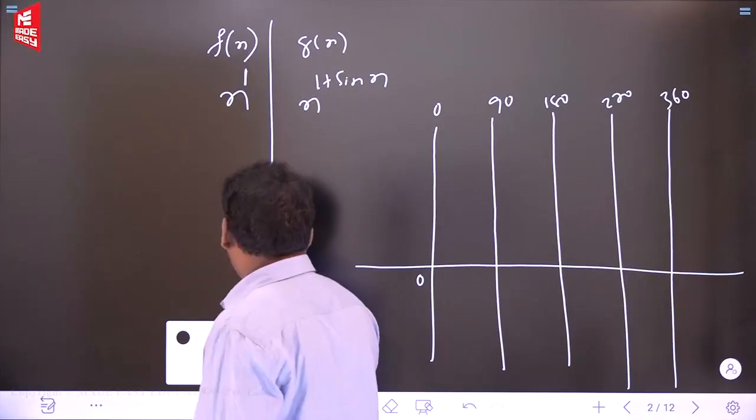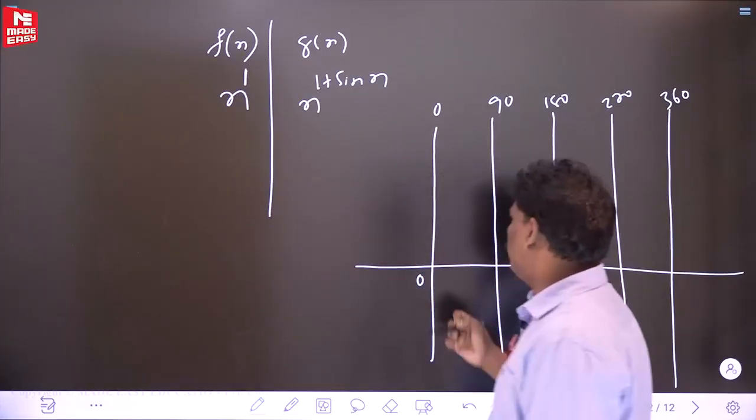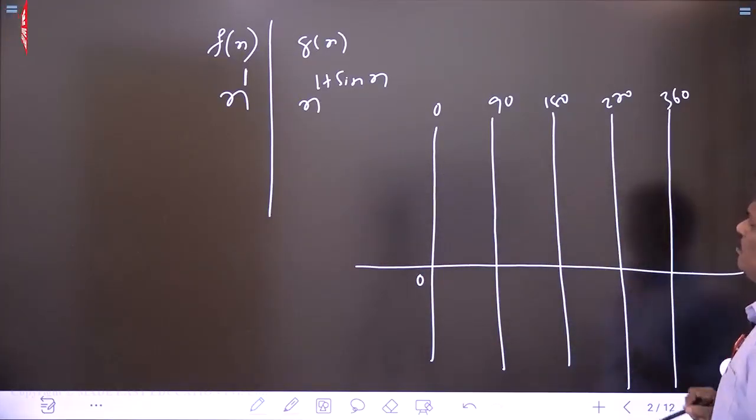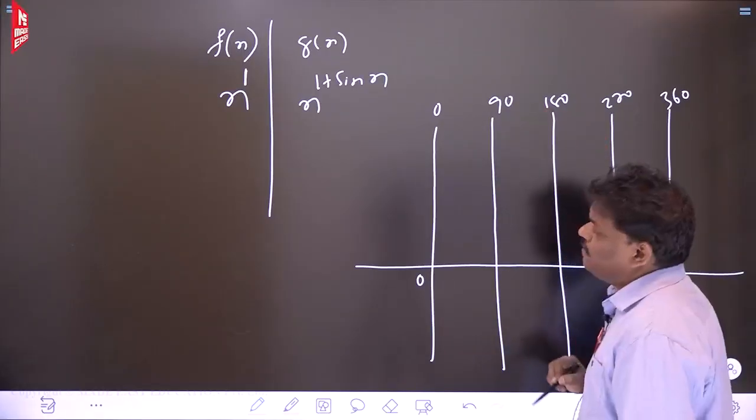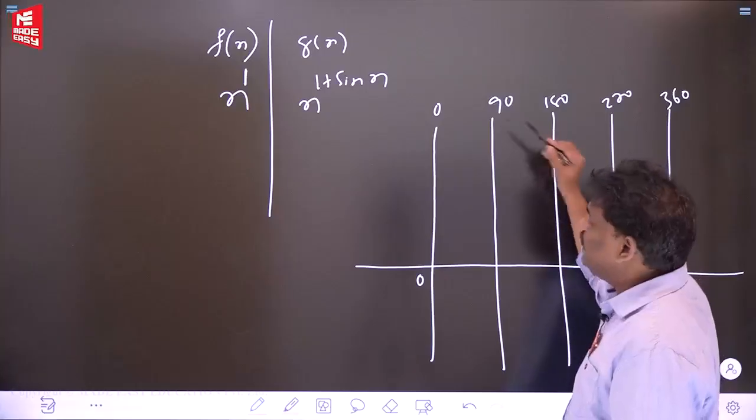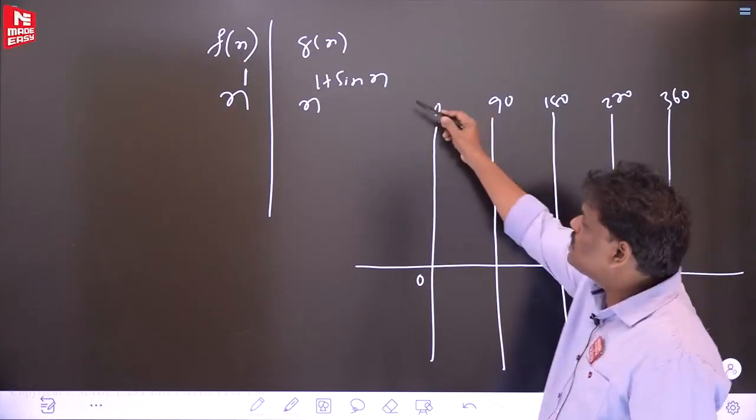This one we already covered in the classroom, and it is in the notes. Let me give a rough diagram. What about 90? What is the sine behavior?